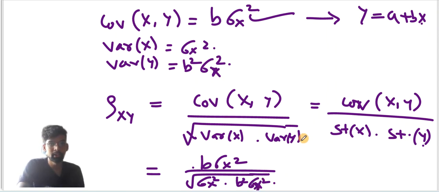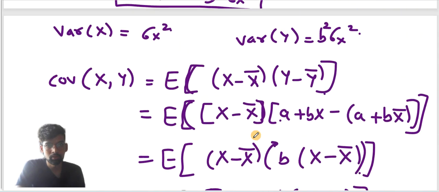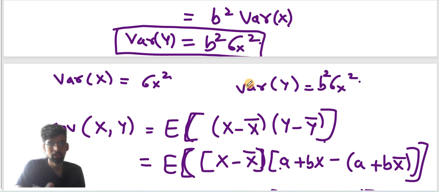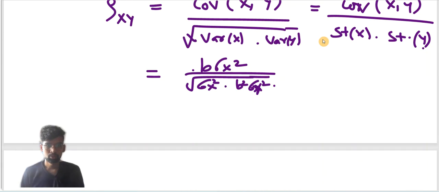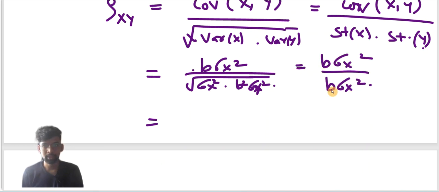We have calculated it above. So after solving, we get b sigma x square over b sigma x square, so it is 1.